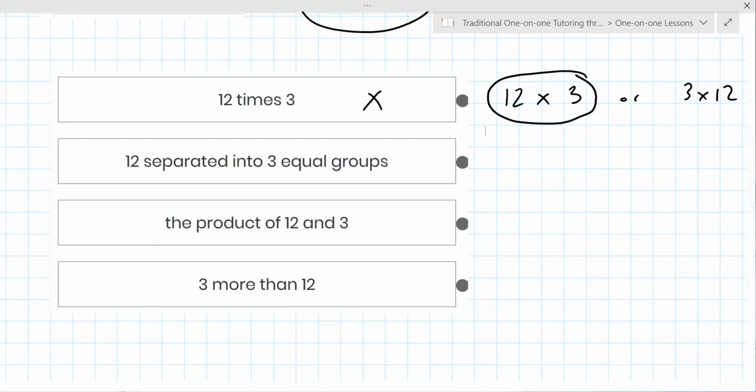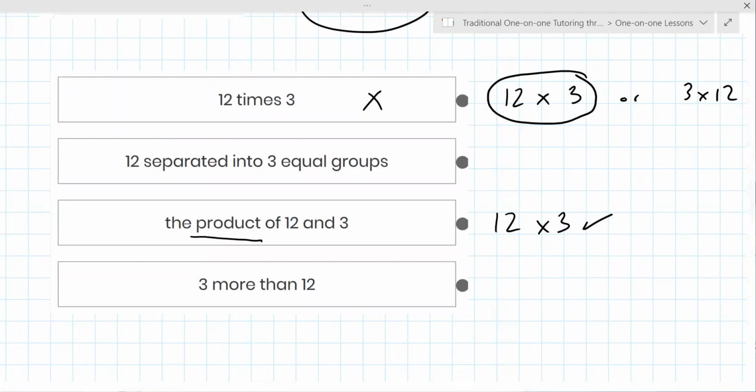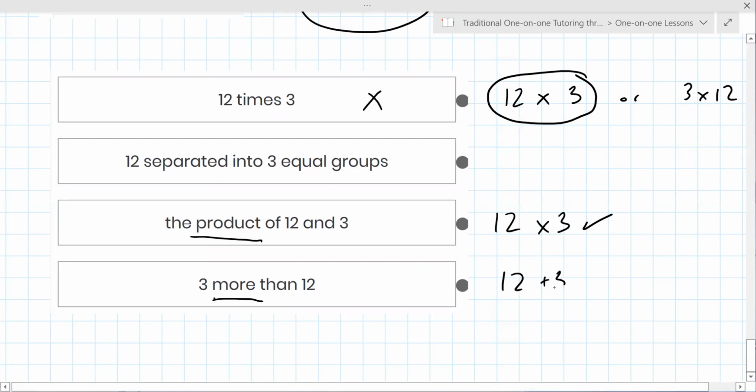Do any of them stand out to you? Product, 12 times 3. Good. That's excellent. And then 12 plus 3 for the bottom one. Yeah, 12 plus 3.